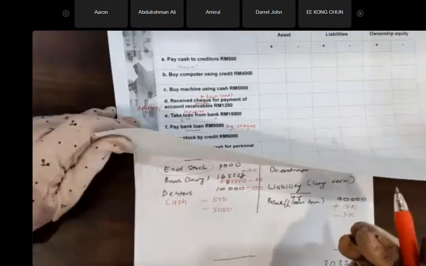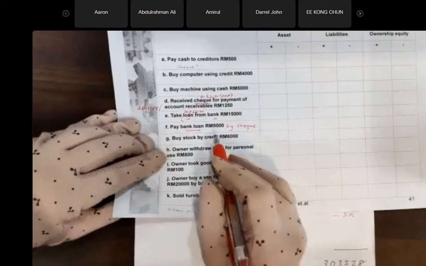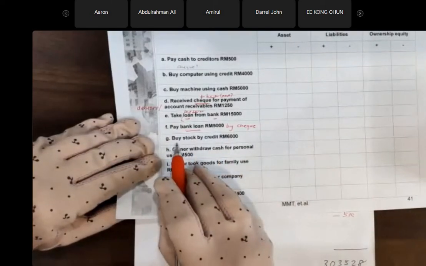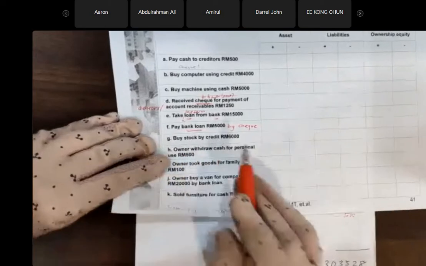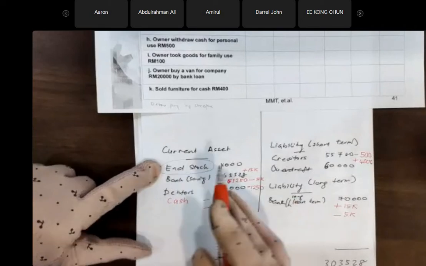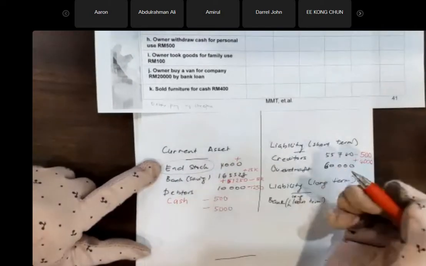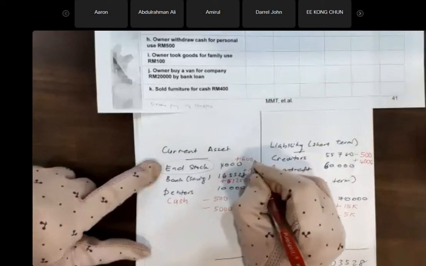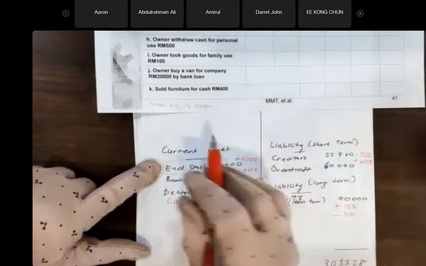Okay, ni dah. Okay, buy stock by credit. You purchase the stock by credit. Now we have stock here. You buy the stock, so you tambah lagi. You tambah 6,000 ni. Okay, what happened to the next?